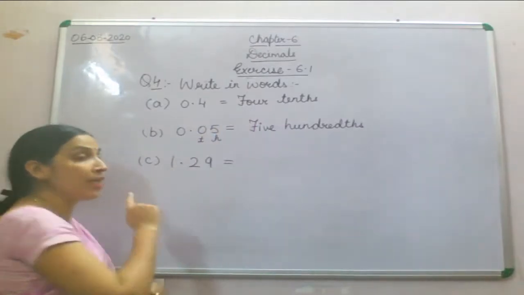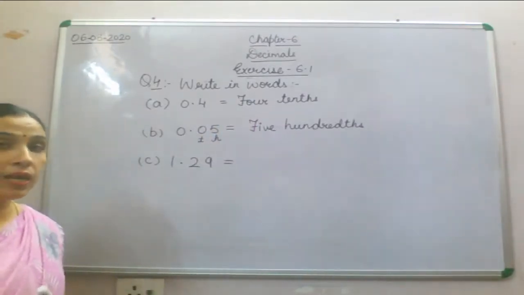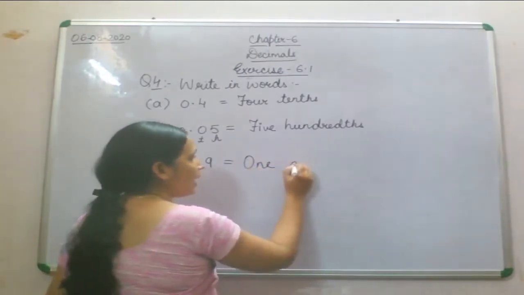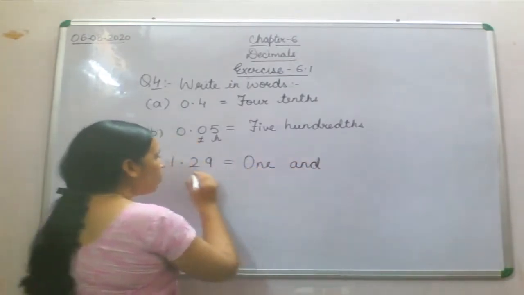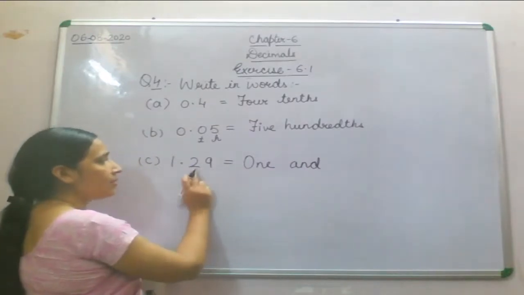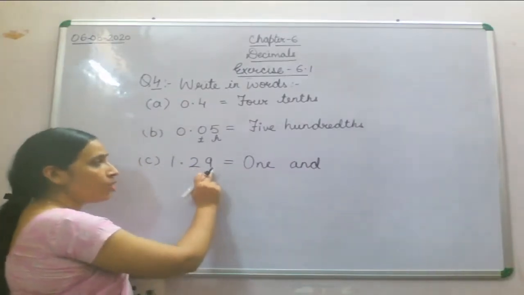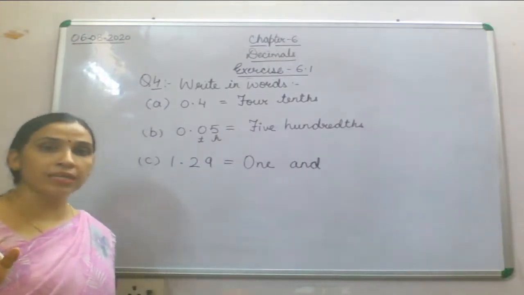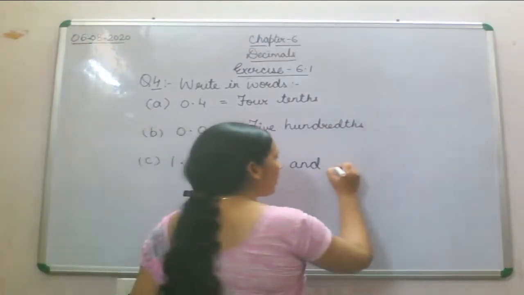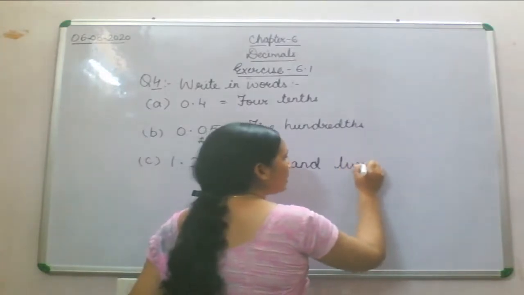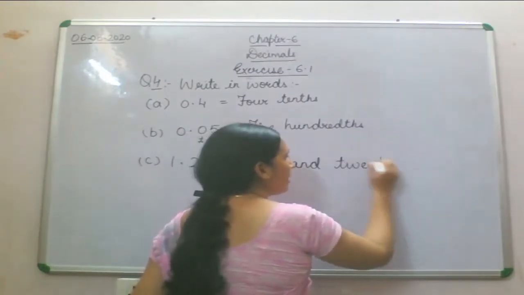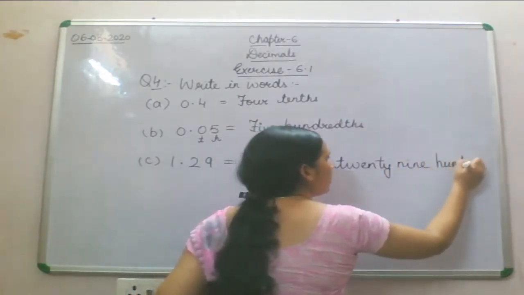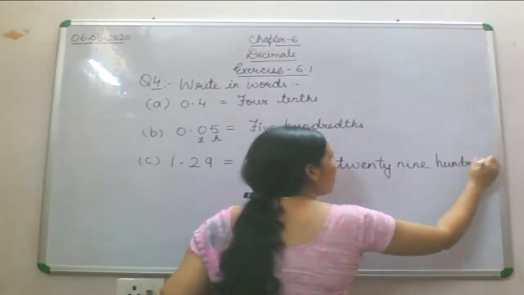But when we have any whole number here, then we write it. So what are we going to write? 1 and 29 hundredths.